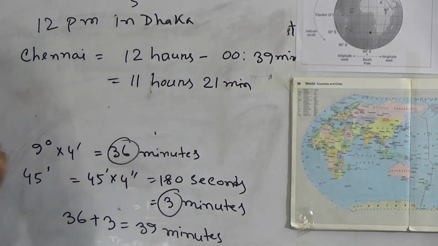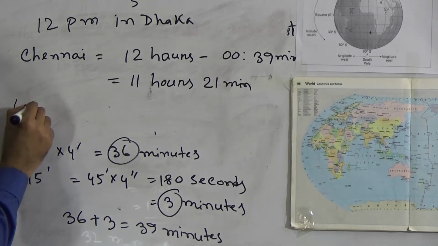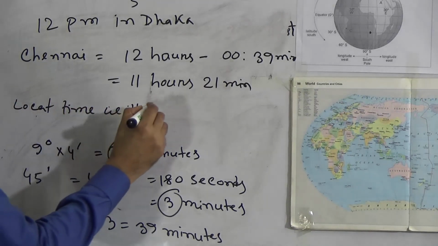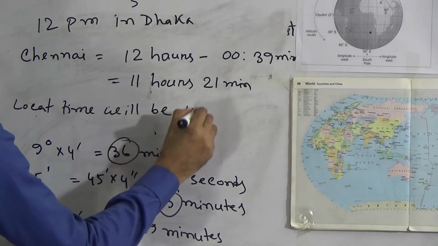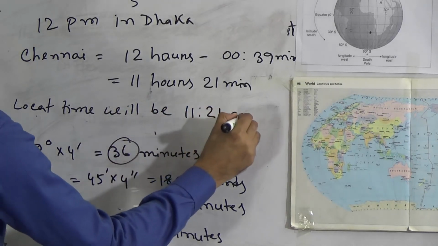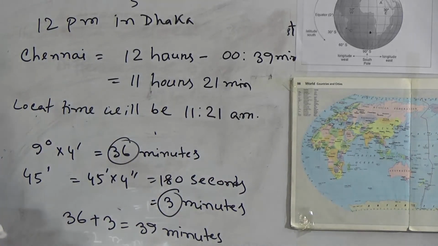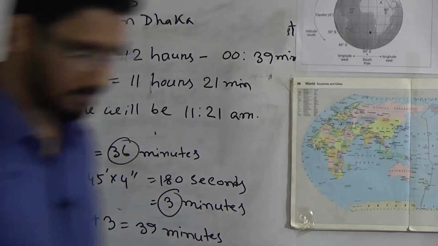That means the local time of Chennai will be 11:21 a.m.